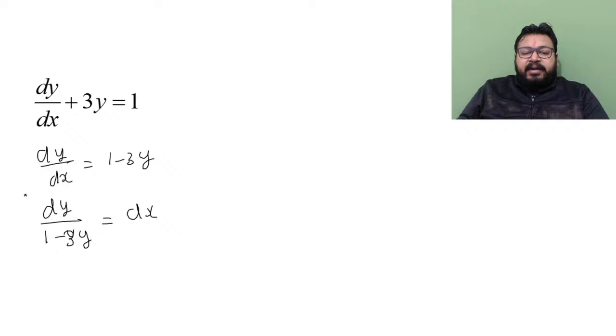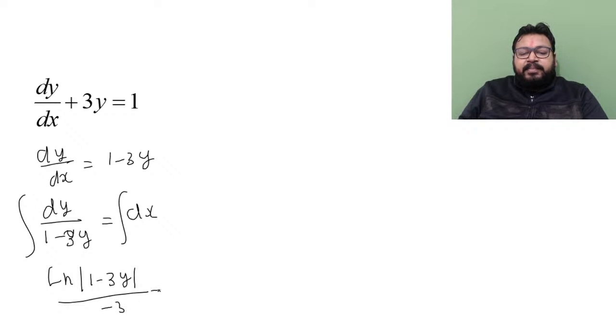Now if I integrate both sides, what I get? Dy by 1 minus 3y, it's ln of 1 minus 3y divided by minus 3, is equal to integration of dx, which is x plus c.